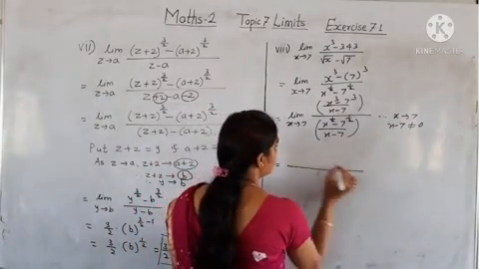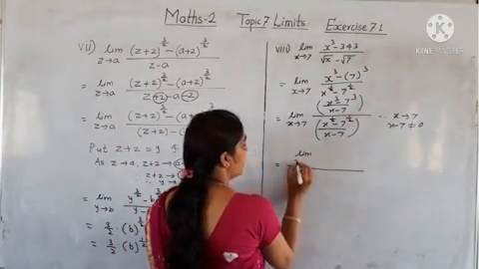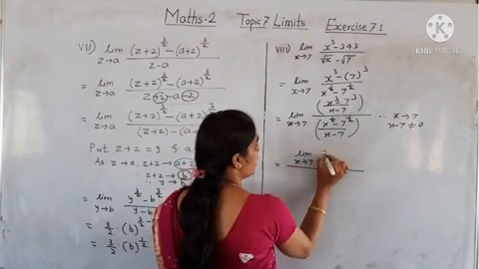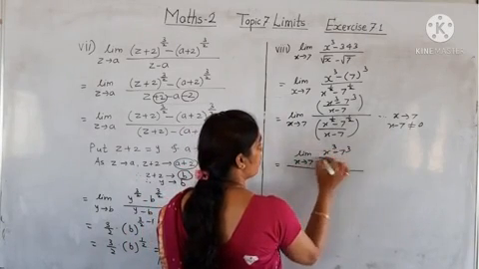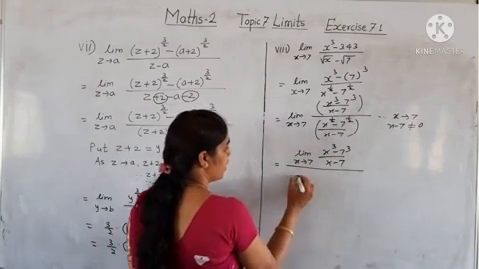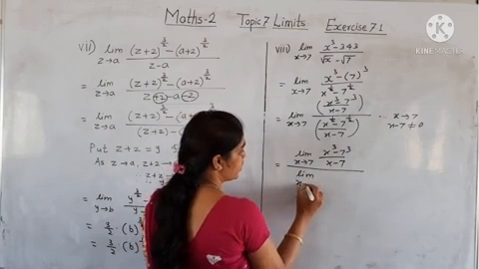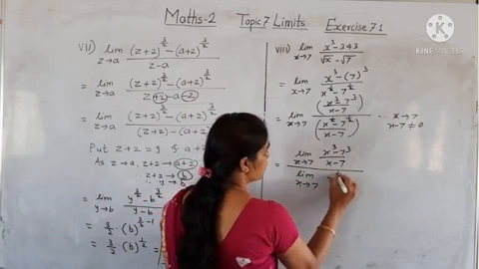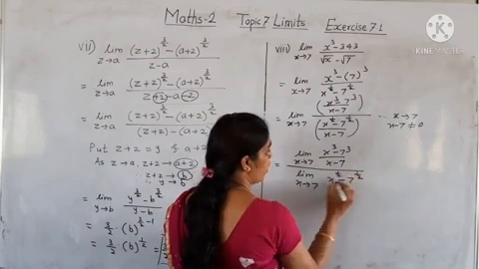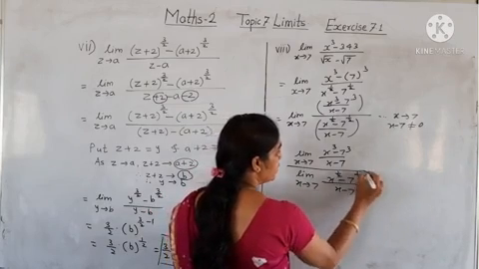Now separate the limits. Limit x tends to 7, (x cube minus 7 cube) upon (x minus 7), and limit x tends to 7, (x raised to half minus 7 raised to half) upon (x minus 7).